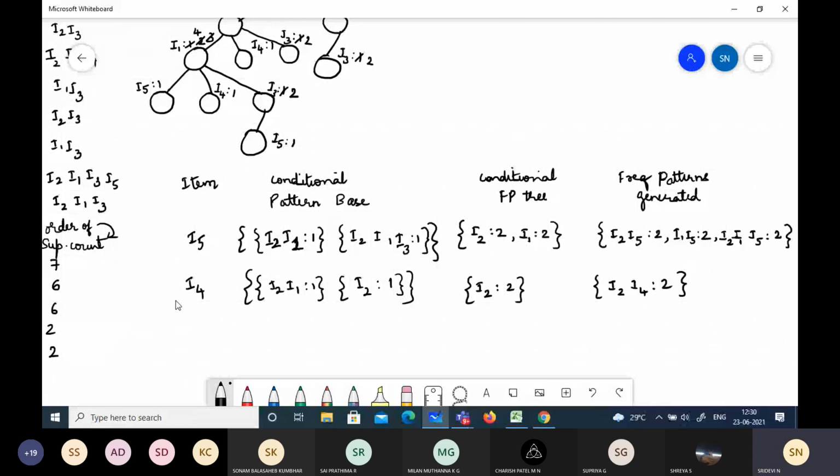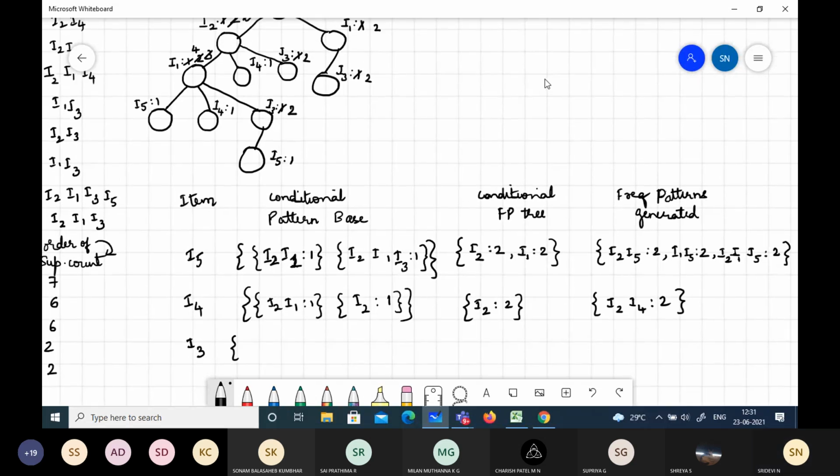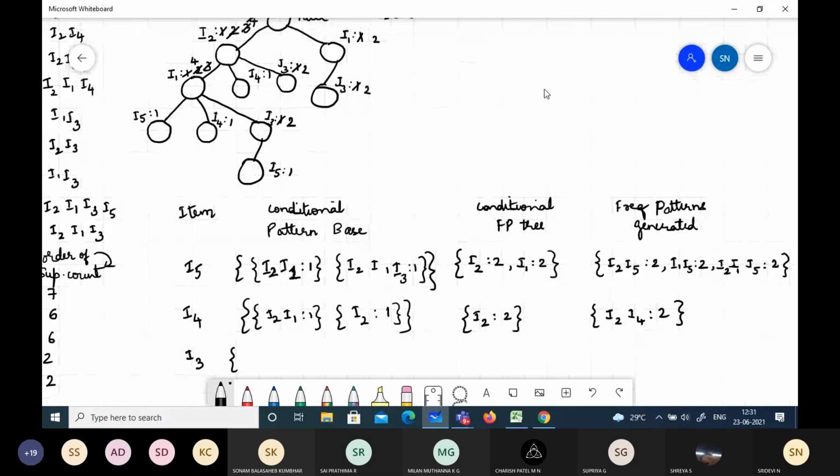Yeah, let's check here for I3. So we had I2.